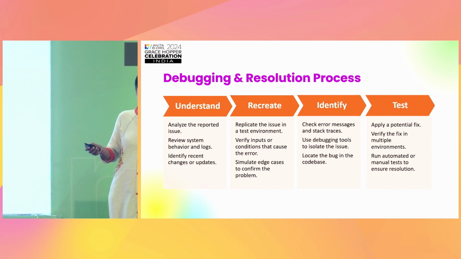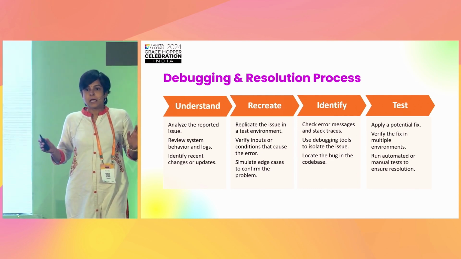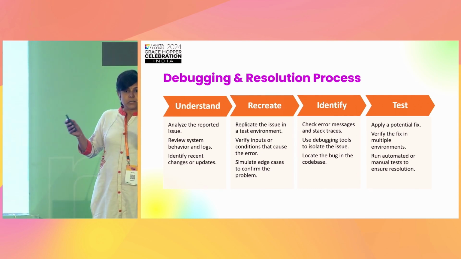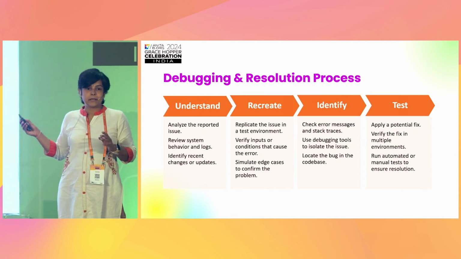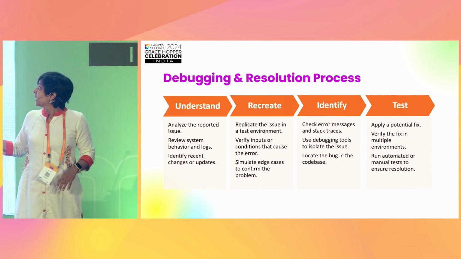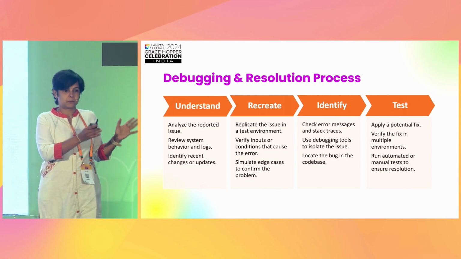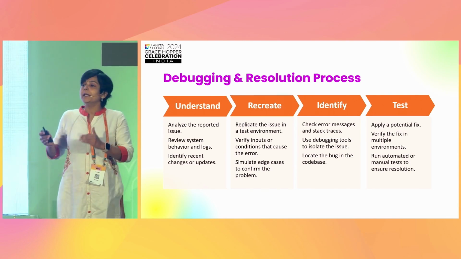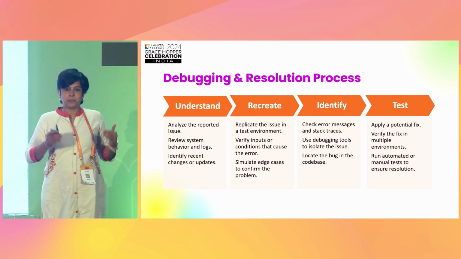In such cases, we need more data from the customer. And suppose you got all those details, and once we have all the data or the recreation of the problem, we go through the error messages, code flow, and check everything. With that, we find out this is the code base which has the problem, and we identify the bug. Once we identify the bug, we come up with a fix.